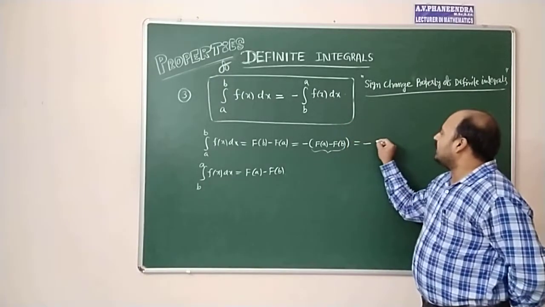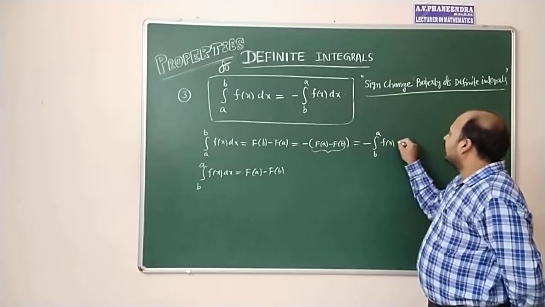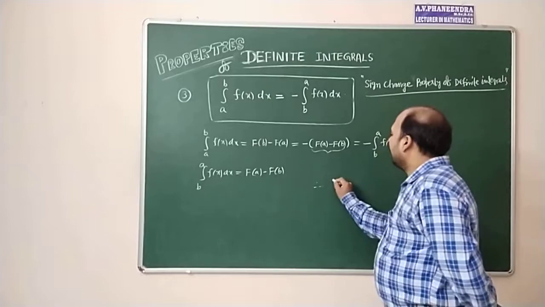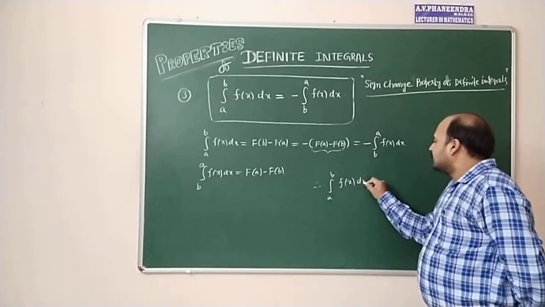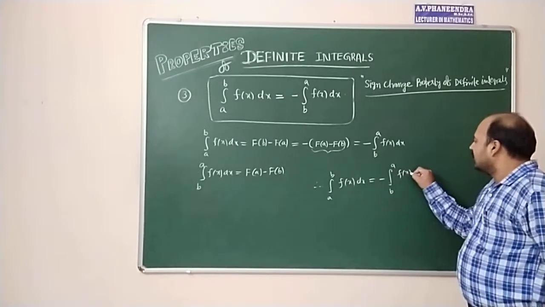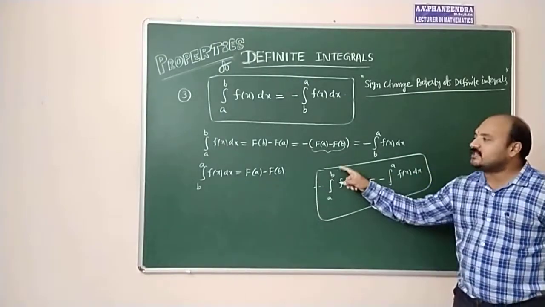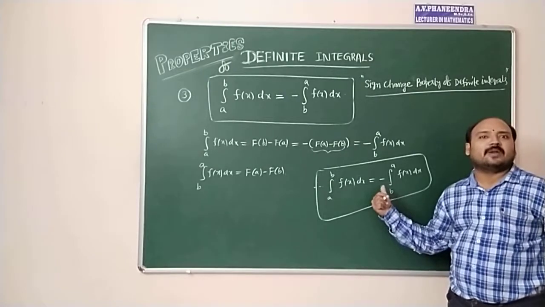Which is equal to minus of integral b to a f of x dx. Therefore, integral a to b f of x dx can be written as minus of integral b to a f of x dx. So ultimately from this property what we have to learn is, if we interchange the limits, the sign will change automatically.